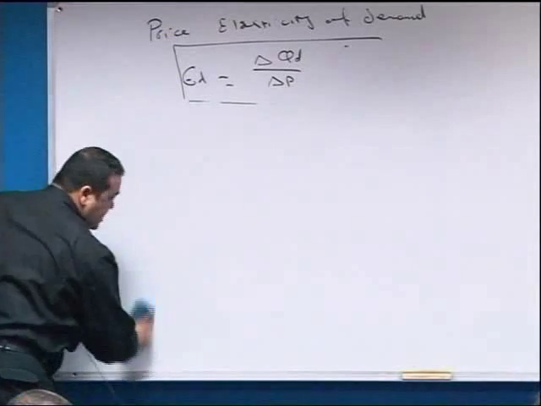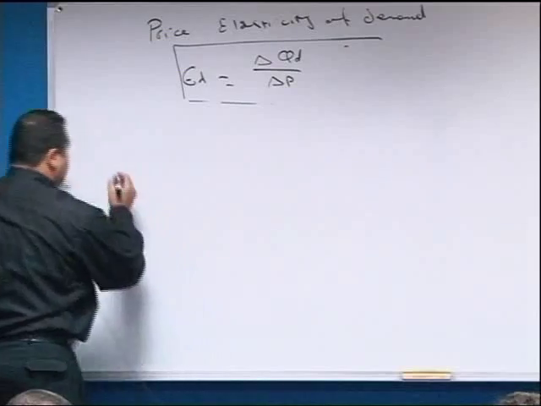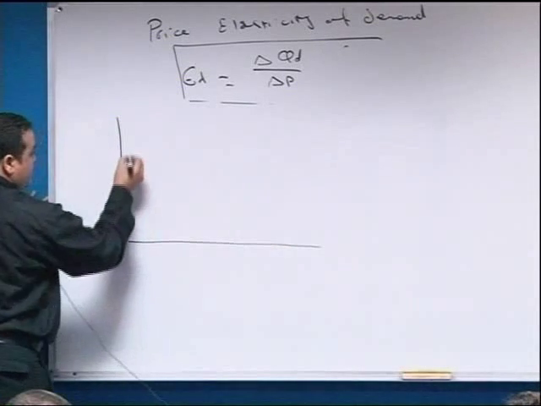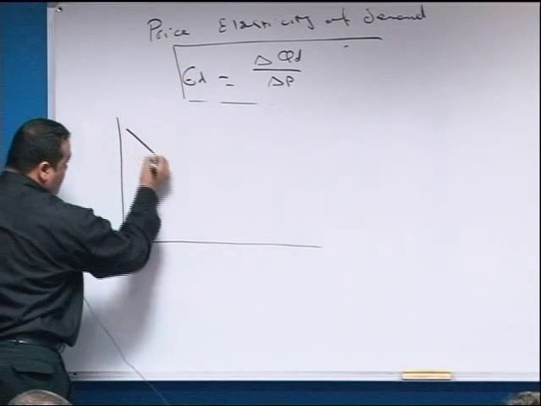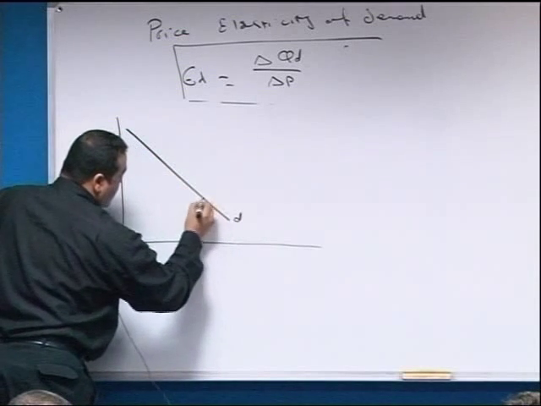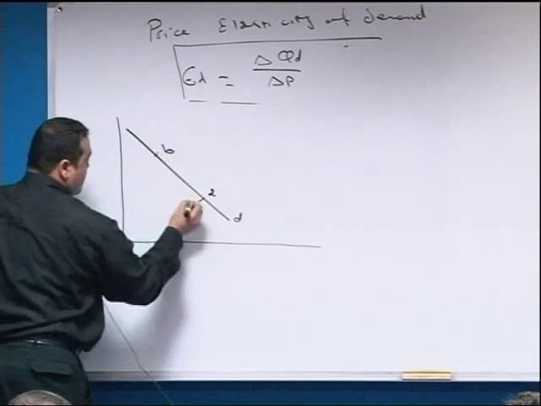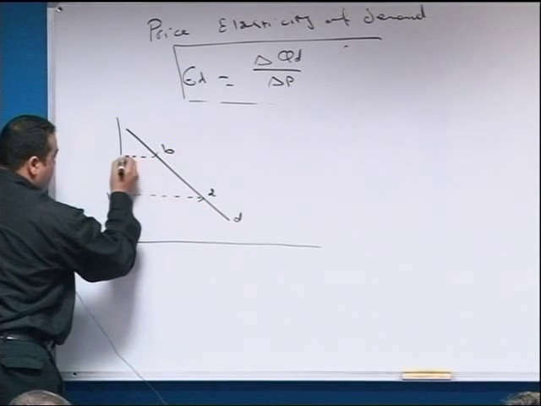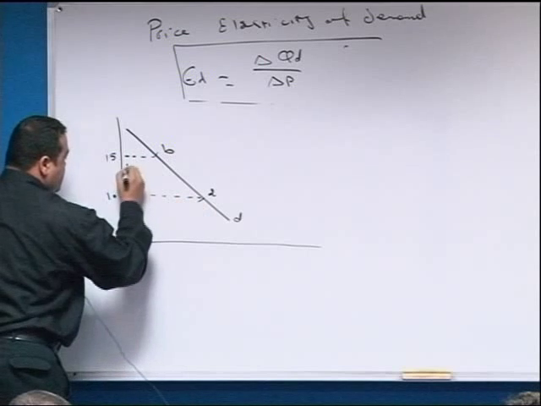Let's go to the unitary elastic demand. The third case is when the demand curve is unitary elastic. D, A, B, 10, 15, increasing the prices.